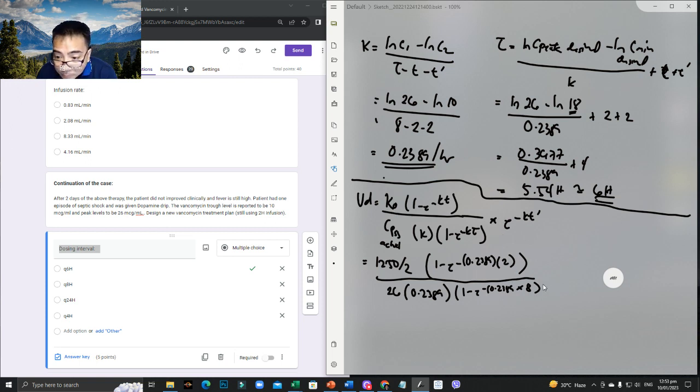Dito pala dapat ang yan. Times e negative 0.2389 times T prime, which is 2.